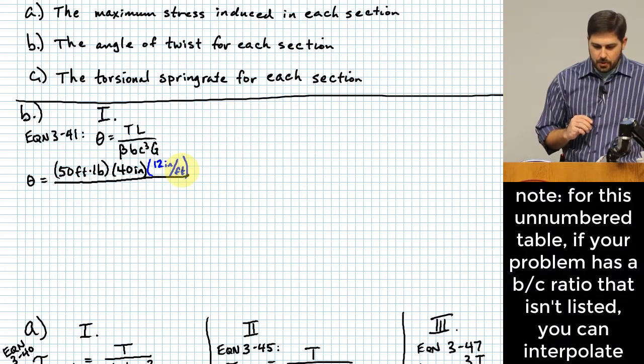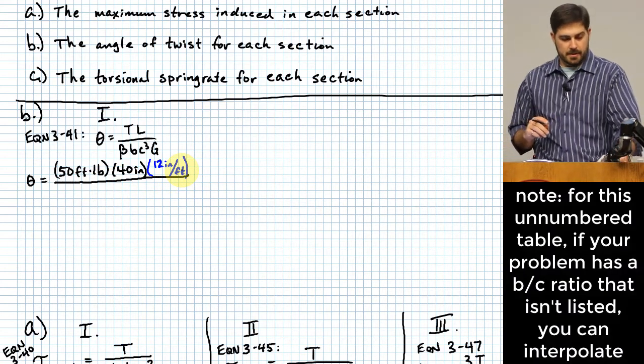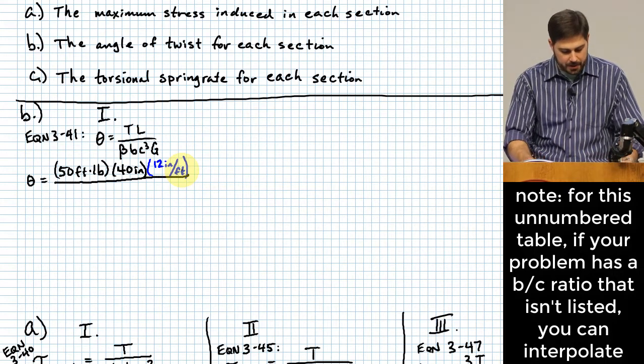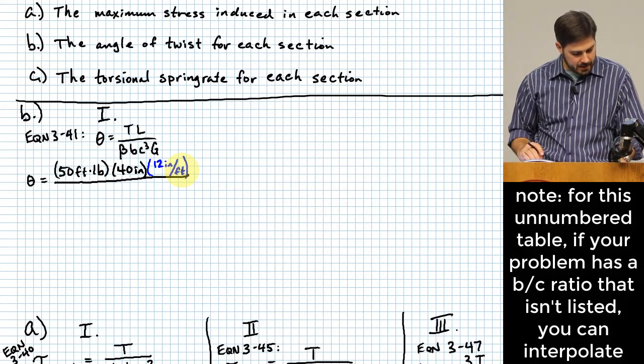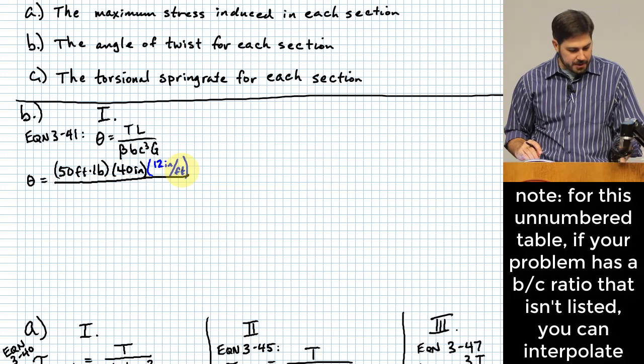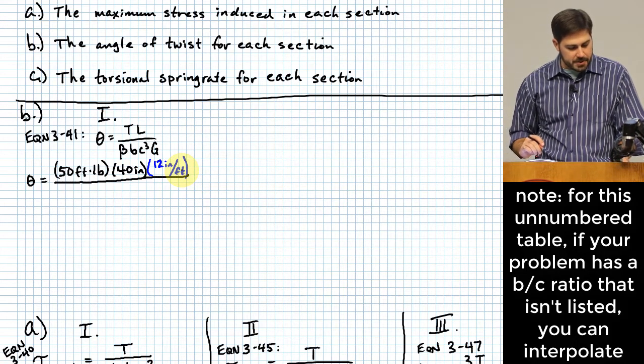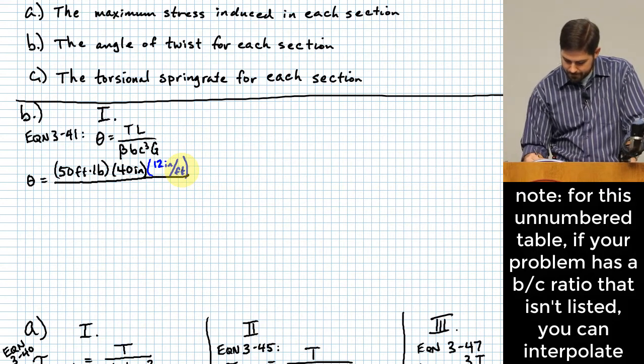Okay. What about beta? Well, beta is looked up out of that same unnumbered table on page 116. We have a fraction of B over C equal to 1, and so we would look up a beta value of 0.141.